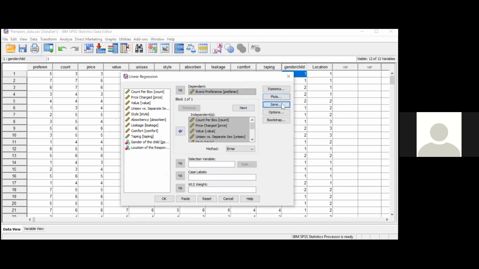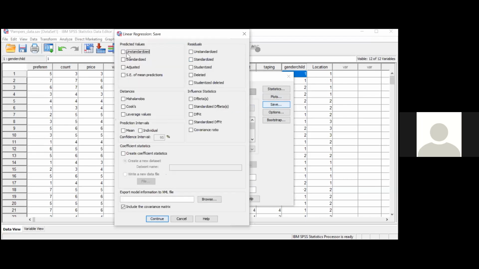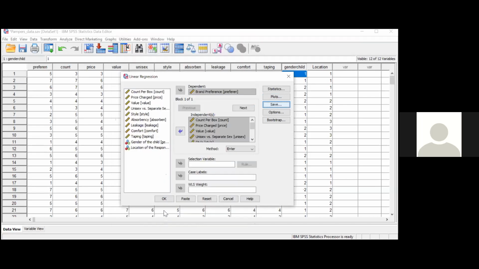In the save part, we tick two options: one is predicted value, unstandardized, and the other is residual, also unstandardized. This is not required at your level. I am just using it to explain how predicted values and residual values play a role in our discussion. So these are the certain commands that we have entered.